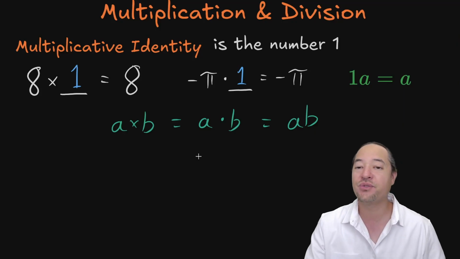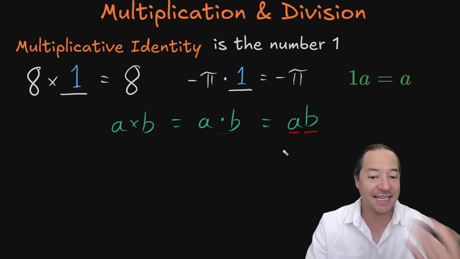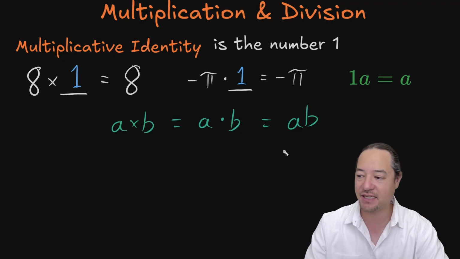Okay, so 3 different ways to write multiplication. You can use the little X here, or we can also use the little dot, or we can just write 2 values close to each other, and that indicates they're going to be multiplied together.